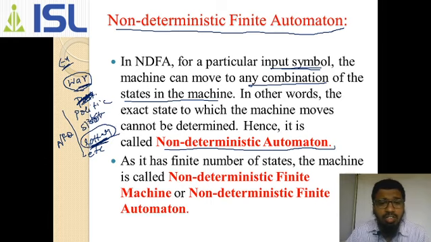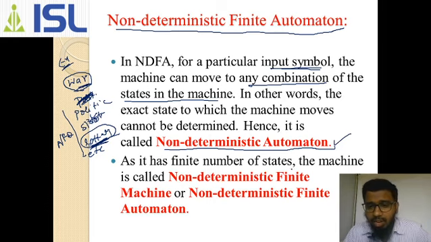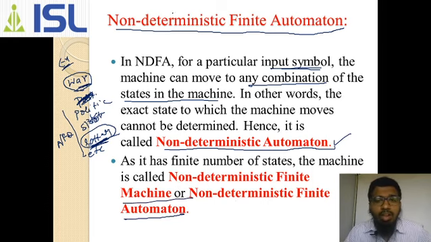In other words, the exact state to which the machine moves cannot be determined. We cannot determine which lottery number is going to be final. That is called non-deterministic automaton. As it has a finite number of states, the machine is called a non-deterministic finite machine or non-deterministic finite automaton. So this is an NDFA.